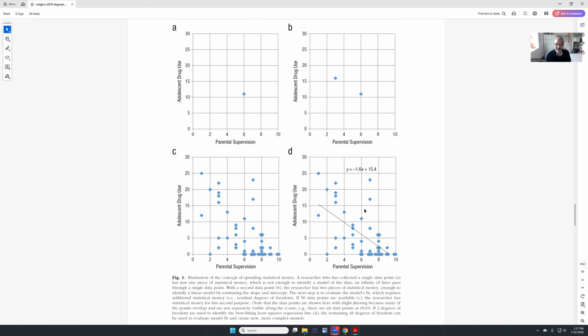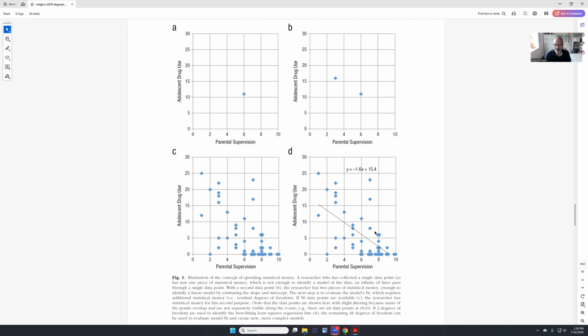But if I have a lot of points and I want to predict a line that has the intercept and slope, it's a better situation, because now I could plot a whole bunch of different lines here. The key point he was showing is that in this case, we're over-identified. We have more data than we have parameters to estimate. Here, if it's 50, we have 50 data points, and we only need the intercept and a slope.